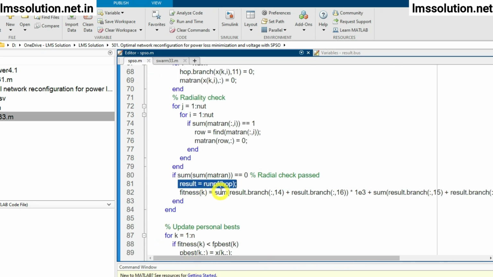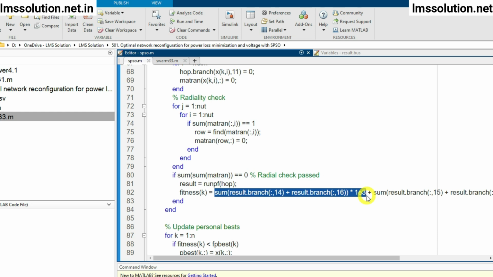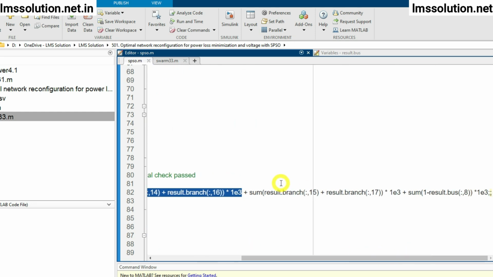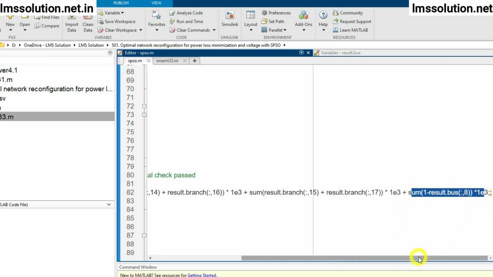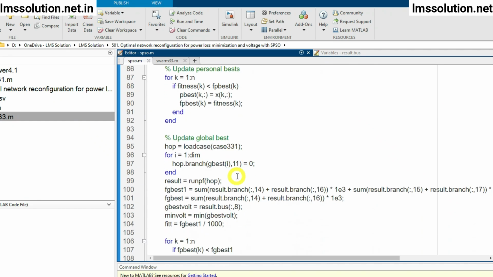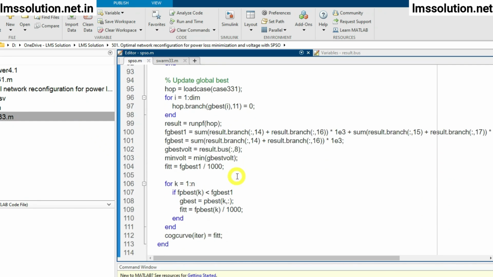So here we are calculating the sum of real power, the sum of reactive power, and then the voltage deviation. This loop keeps on executing. The selective particle swarm optimization keeps on executing, and it finds the optimal position, the optimal switch details.